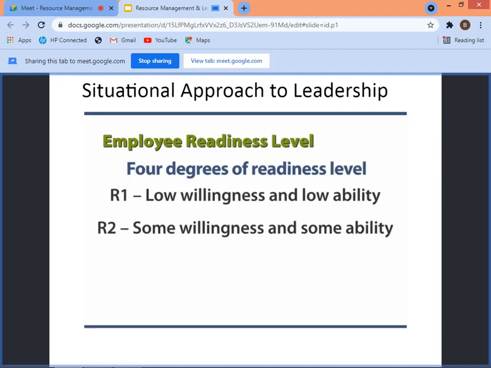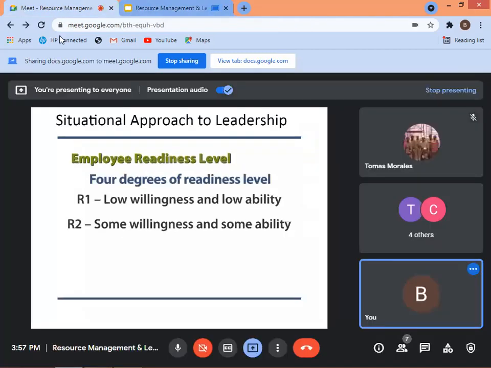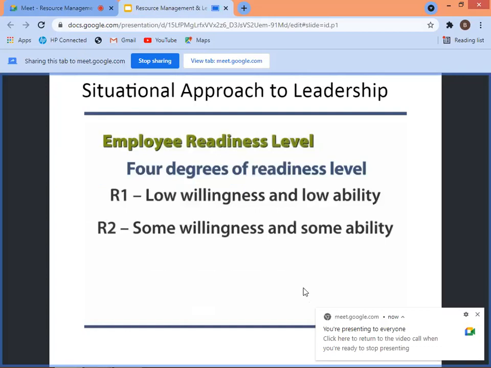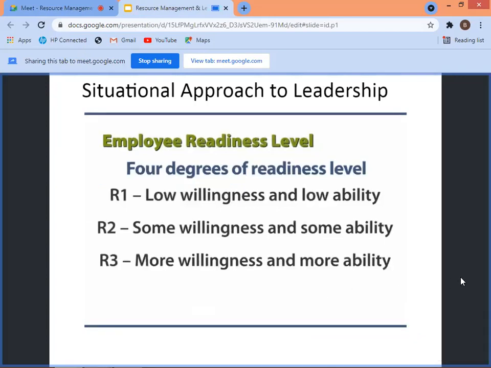Okay? So he became R2. Some willingness and some ability. Okay? This is gained from the training. Then he becomes R3: more willingness and more ability now.